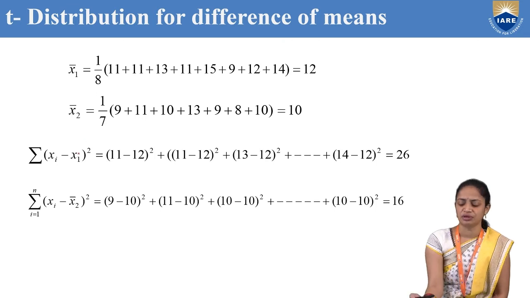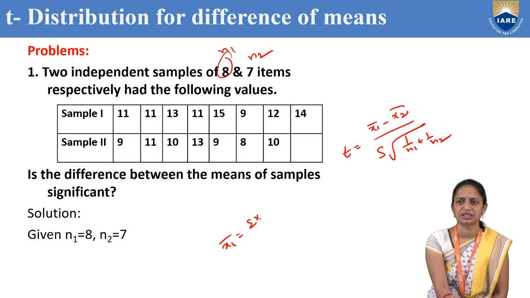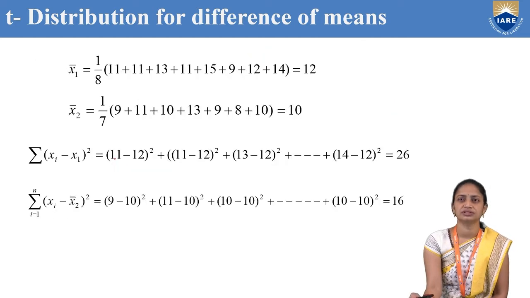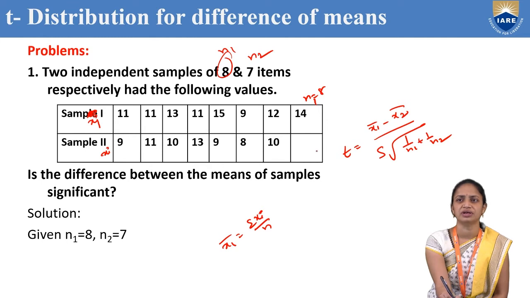So x1 bar equal to summation xi by n. These are all xi values, and these are also xi values. Here n1 equal to 8 and n2 equal to 7.